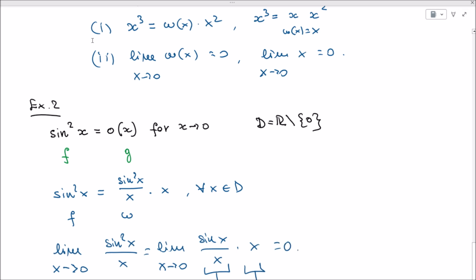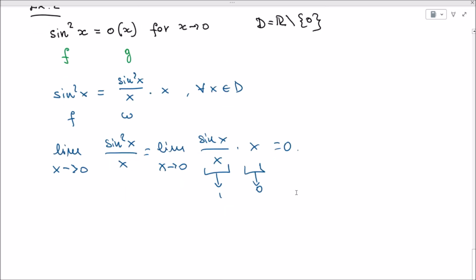Now, to prove that sine square of x is little o of x, we could also have used the definition 2. Because in fact we know that g of x, which is in this case x, is different from 0 for every x that is different from 0, right?